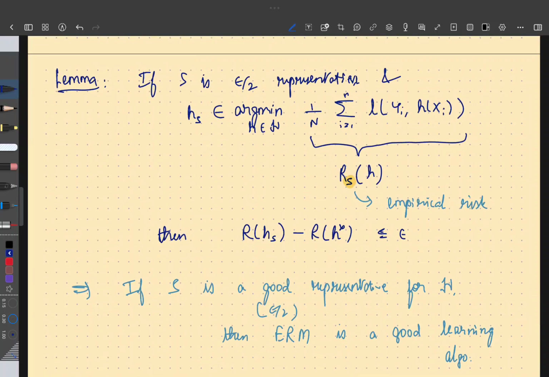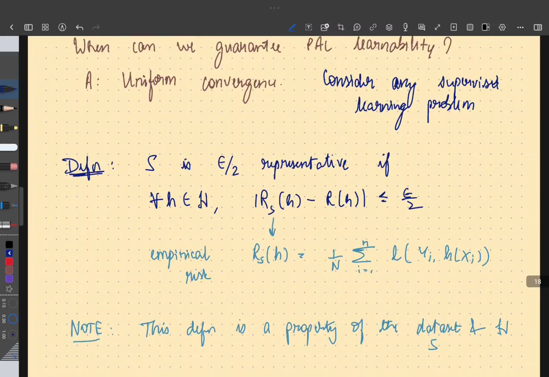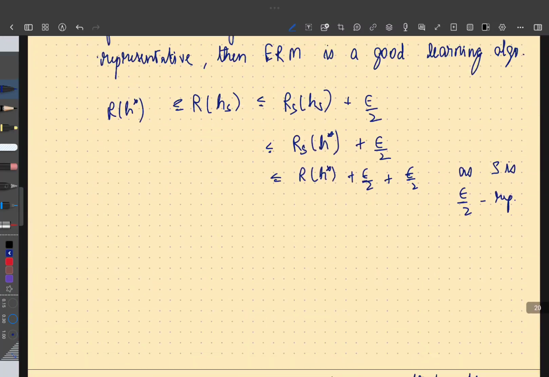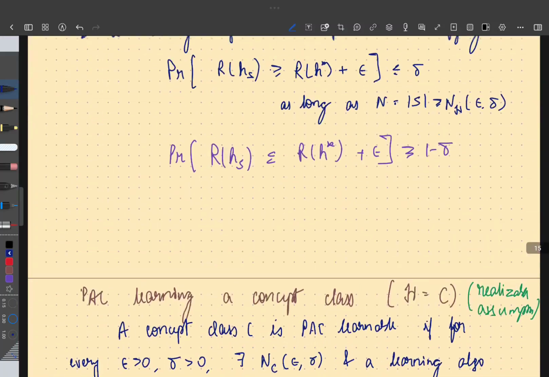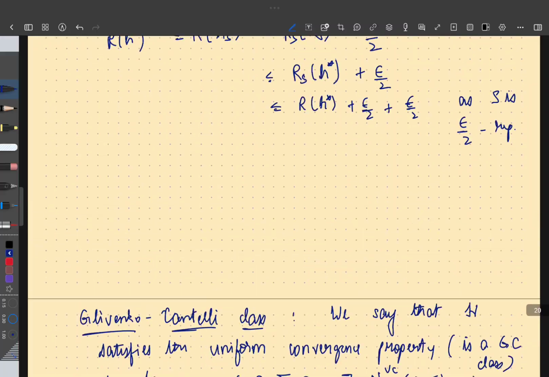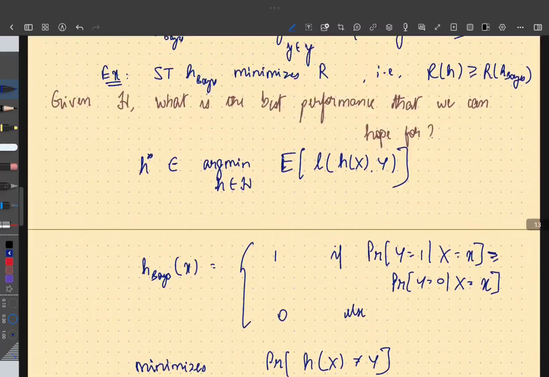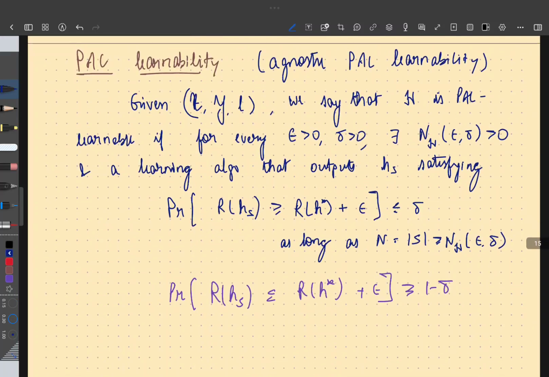I'm sorry, which part? In the definition of PAC learnability, there was no empirical risk appearing anywhere. So let's go back to the definition of PAC learning. The definition says that there exists some learning algorithm. It need not be ERM. ERM may not be the optimal algorithm, but all it says is that there is some algorithm which outputs h_S.